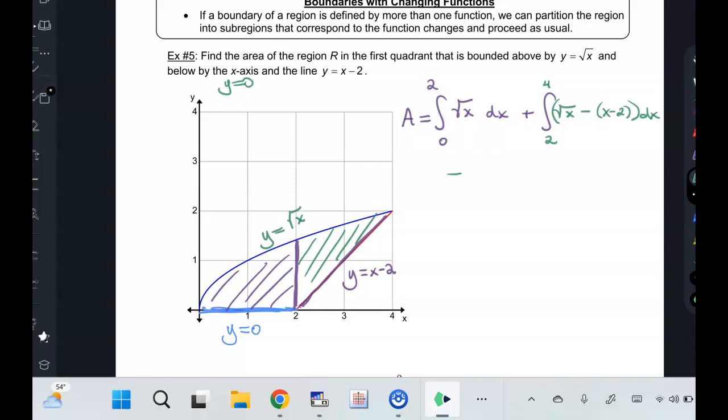All right, this turns out to be, let's see. Oh, okay, for the first one. When we add those together, 3.3 repeating.